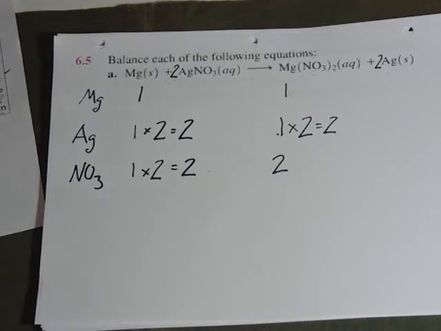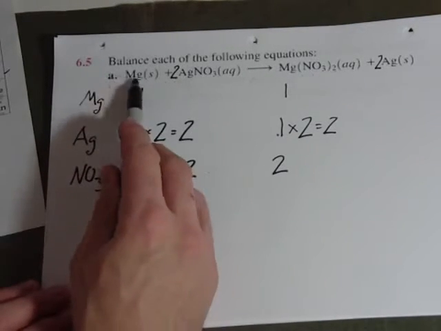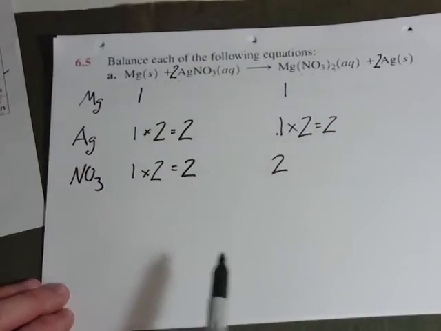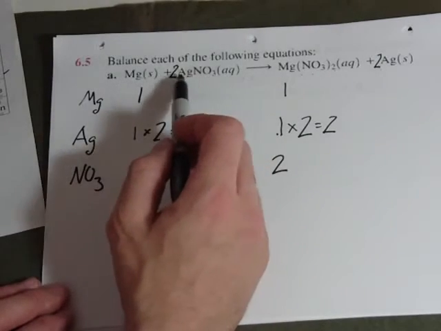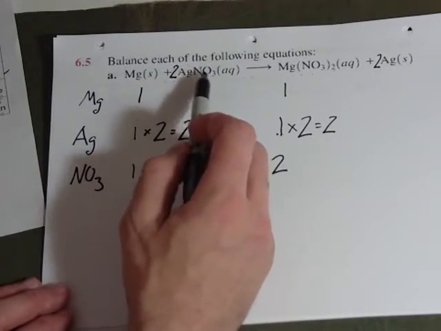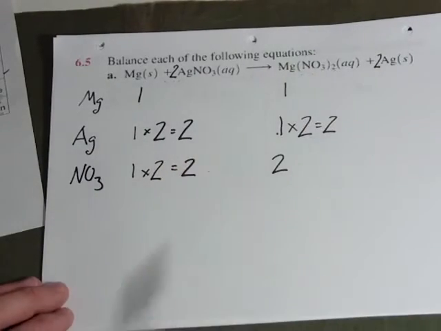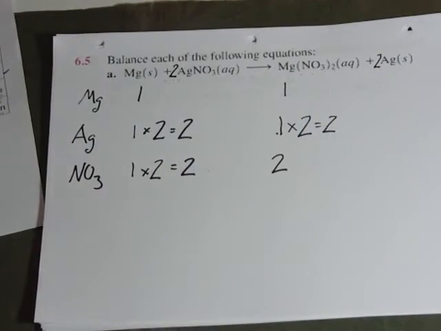There's no other part to the silver metal, and now it appears that our reaction is balanced. We have 1 magnesium and 1 magnesium, 2 silvers and 2 silvers, and 2 nitrates and 2 nitrates, because that 2 is distributed to the NO3 group. Now our reaction is balanced.